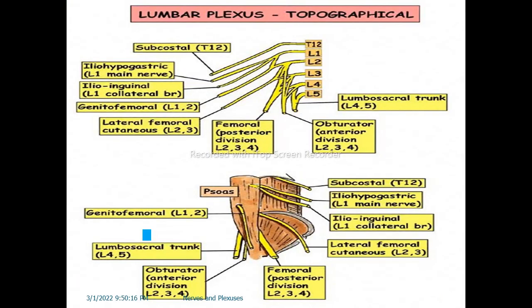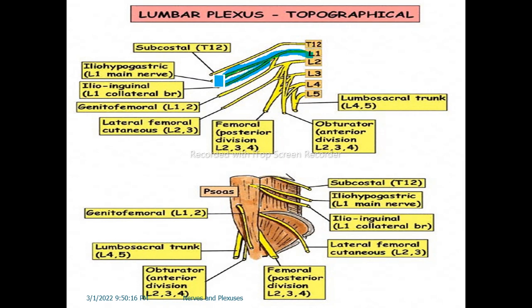This picture is a very interesting picture. This one is lumbar 1. Lumbar 1 gives 2 branches. Here the one is the iliohypogastric nerve, the main nerve, and this one is the ilioinguinal nerve, the collateral branch.